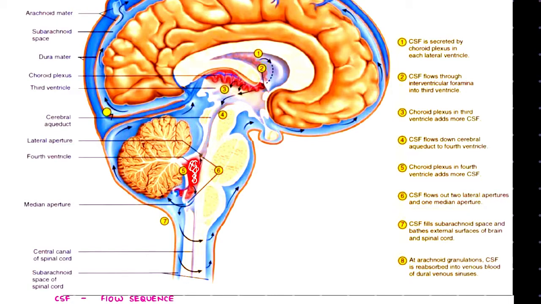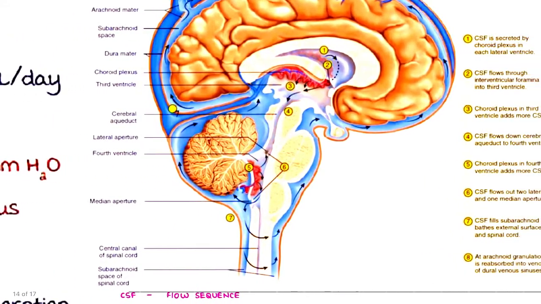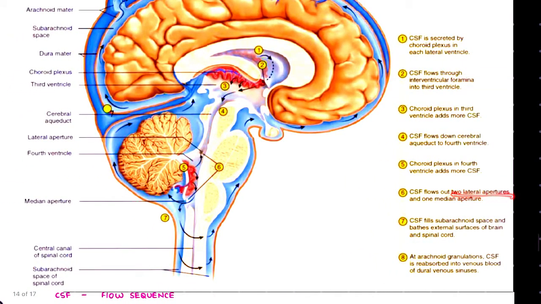The CSF contained in the fourth ventricle will go into the medial aperture and the two lateral apertures. You can see the lateral apertures right here, and you can see the medial aperture right here. There are two lateral apertures and one medial aperture. It will go into these places.